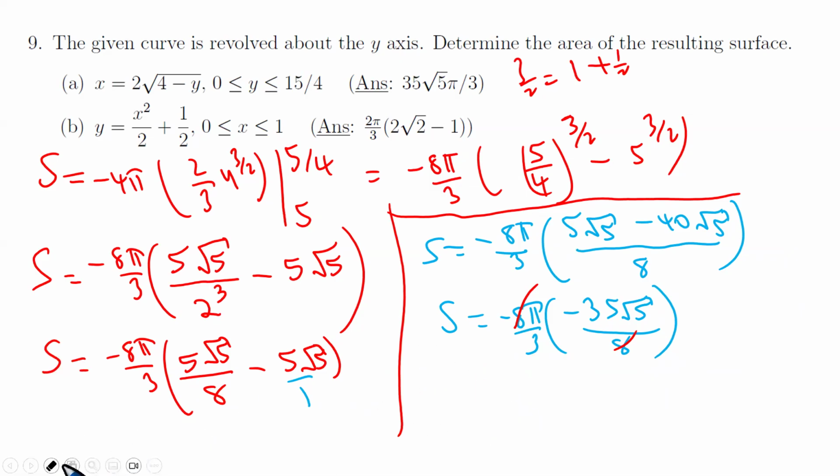Which means that we have exactly 35 pi the square root of 5, and then divided by 3. 35 pi the square root of 5 divided by 3.